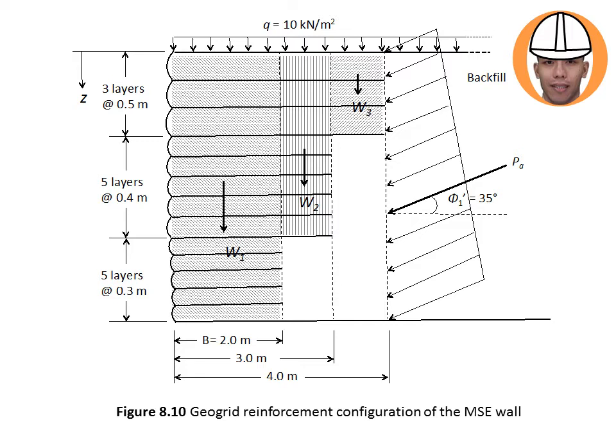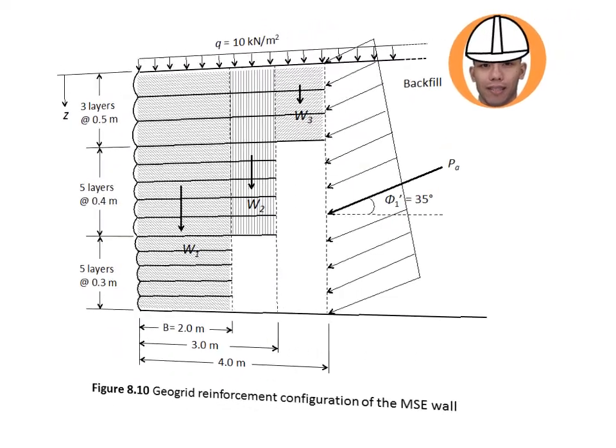The top portion is 0.5 meters, the middle portion is 0.4 meters, and the bottom layer is at 0.3 meters. So that's the optimization made by the designer.